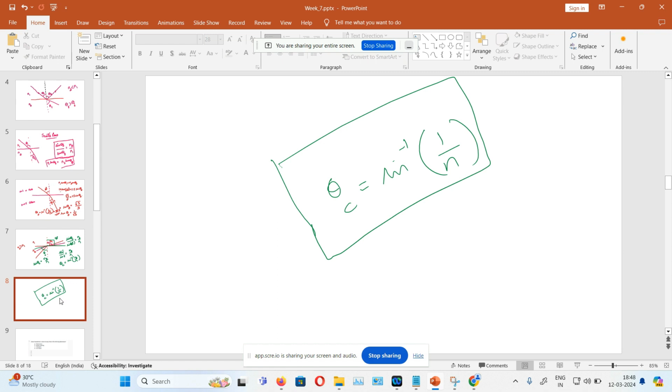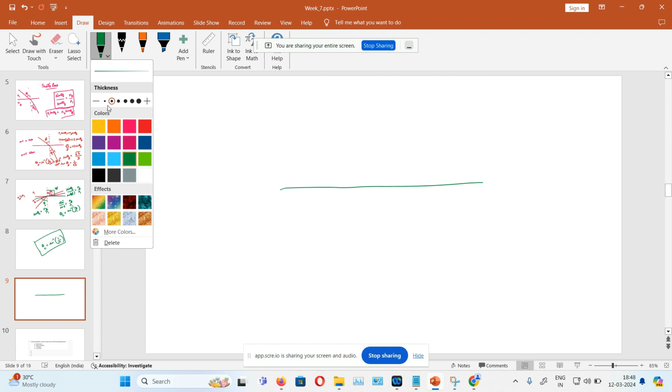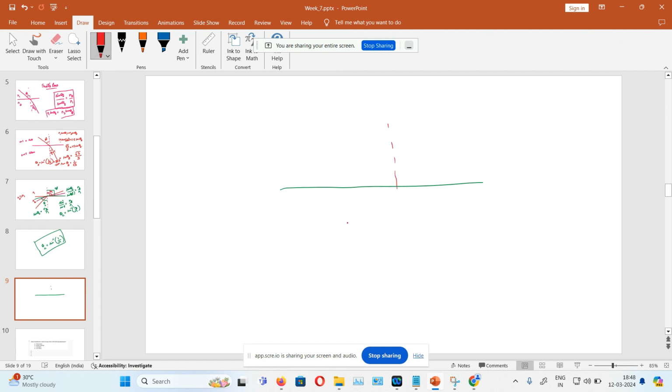Now we know that this is a critical angle condition. What happens if the angle of incidence is increased beyond the critical angle? What happens at the critical angle? At the critical angle, light is actually grazing the surface.